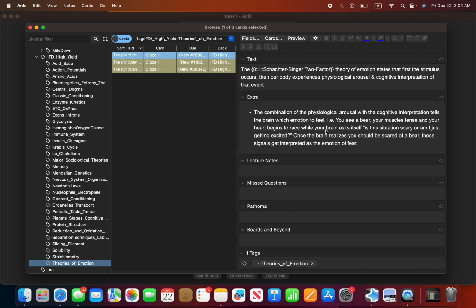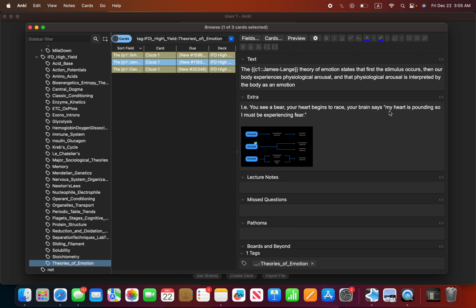The second theory is the James-Lange theory. So first the stimulus occurs. Then our body experiences physiological arousal, and that physiological arousal is interpreted by the body as an emotion. So now you see a bear, your heart begins to race, and your brain says, my heart is pounding, so I must be experiencing fear.